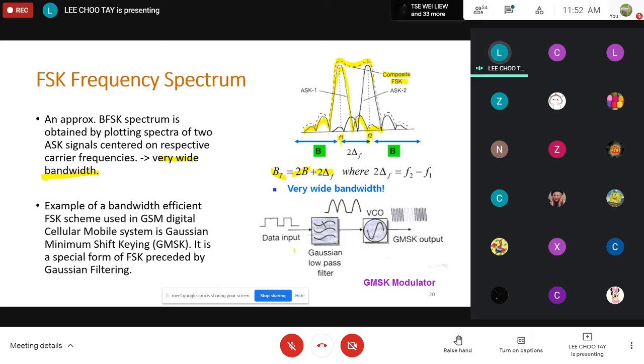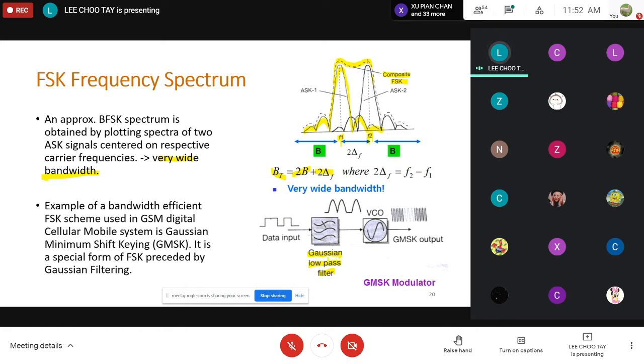Okay, and again, the rectangular pulses give us very wide bandwidth. So we can again pass the rectangular pulses through a low pass filter. Remember we talked about pulse shaping filter. This is another type of pulse shaping filter which is actually used in practice.